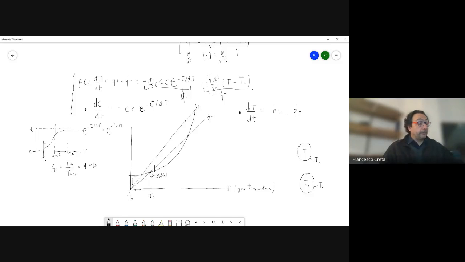Now, what about the other equilibrium point? What happens if the temperature is brought all the way up here? So we don't start from T0, we start from this point here, for example.